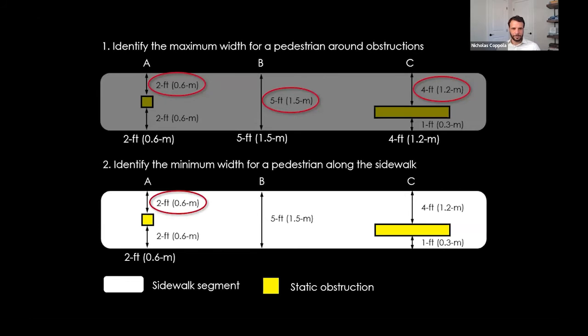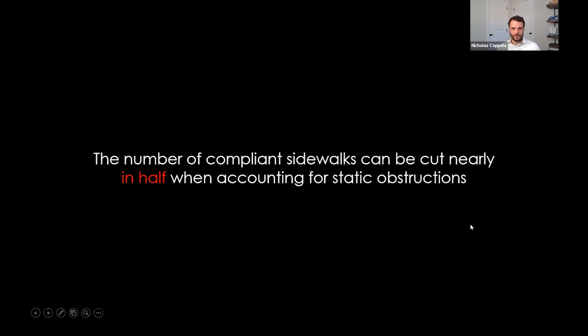What's the narrowest point along this polygon for a pedestrian? At point A, you have only 2 feet to get around that obstruction. So once again, this is our method and approach to find that pinch point, and how much width you actually have as a pedestrian when walking along the sidewalks in the city.